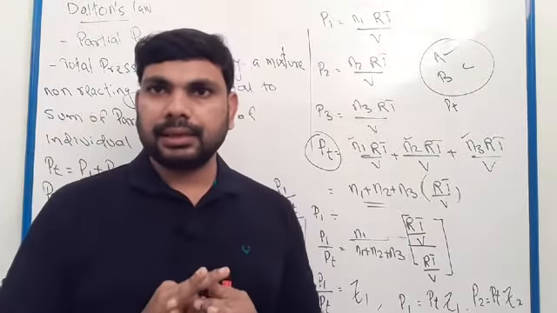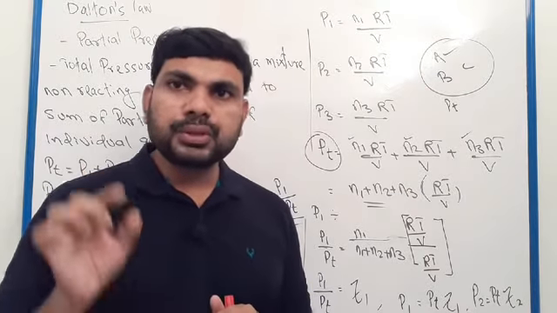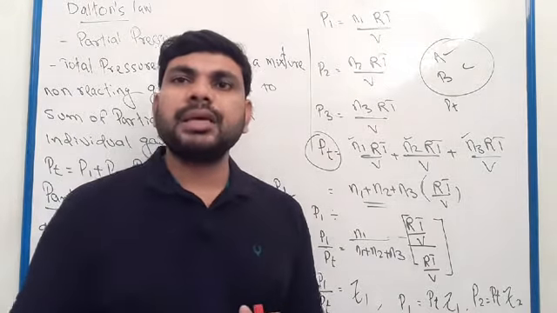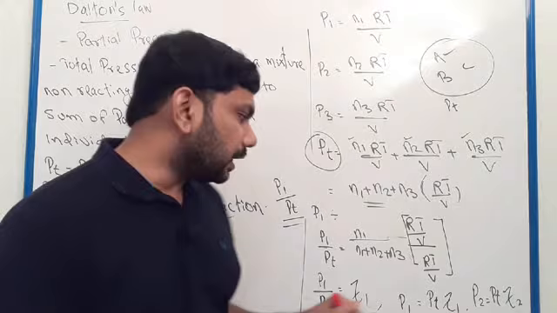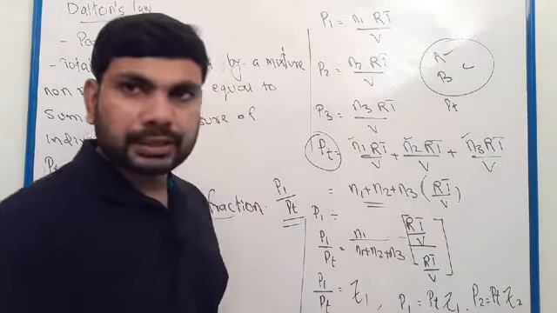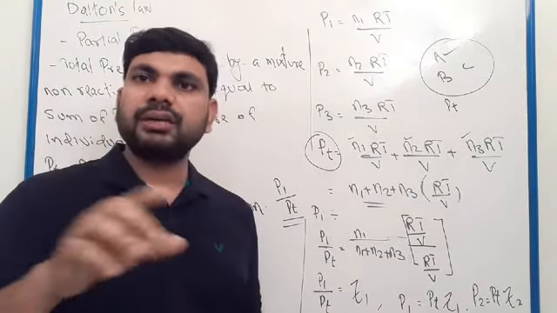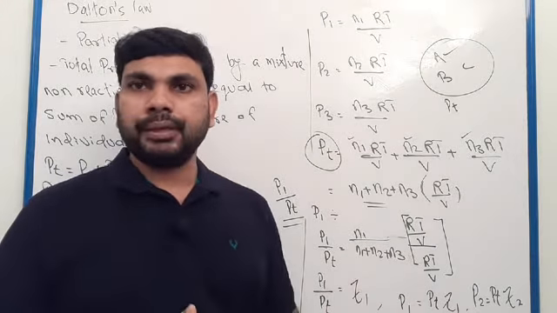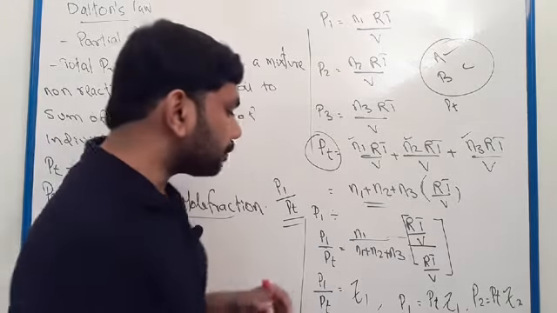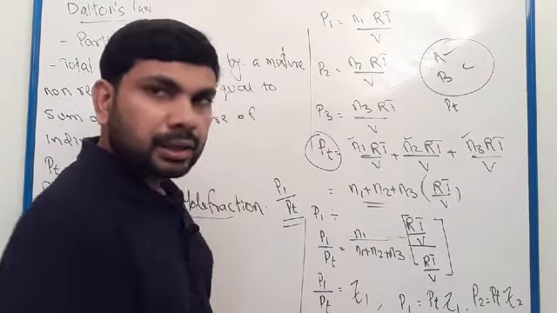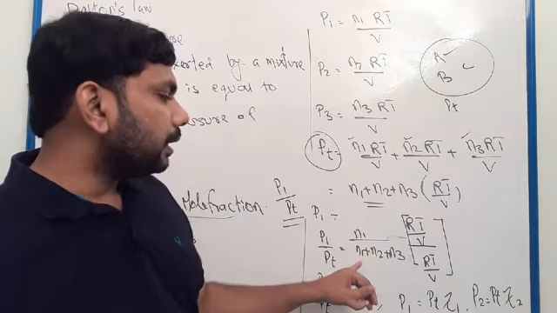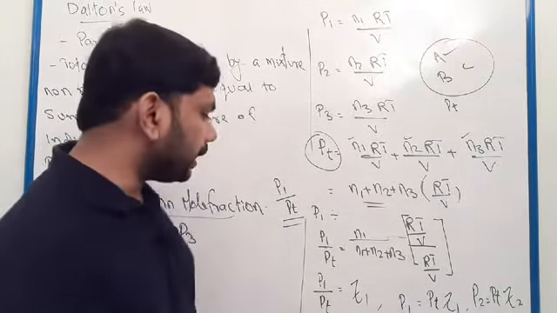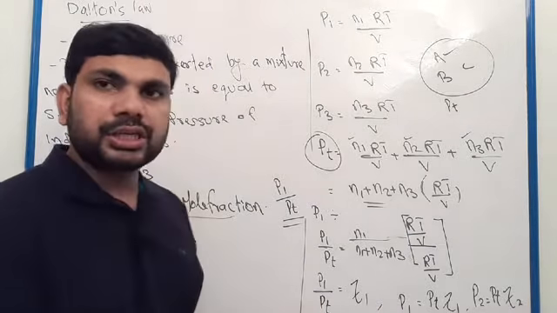There are three gases, so n1 means moles of the first component, n2 the second, n3 the third. This is the mole fraction, represented by the letter chi. So n1 divided by n1 plus n2 plus n3 is the mole fraction of the first component, so P1 by PT equals chi 1.